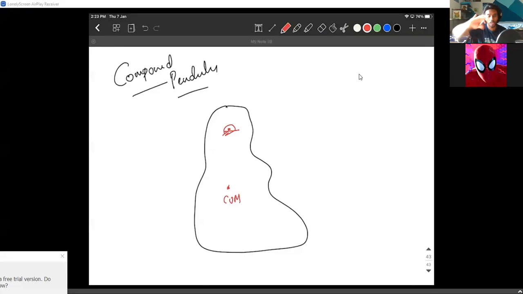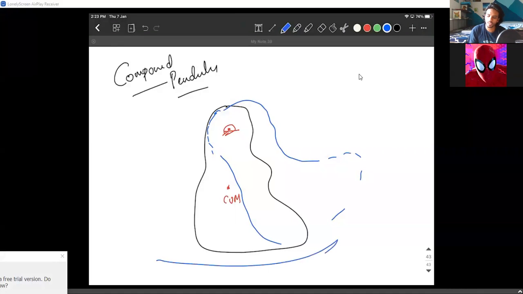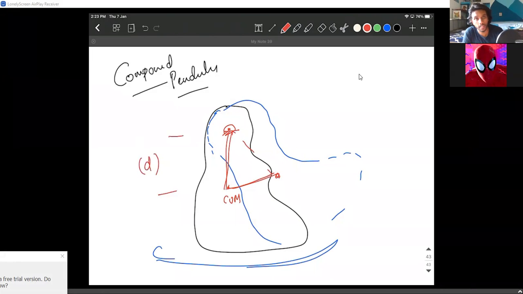Now we made it oscillate, so it's as if the body has to turn, the body is turned like this and oscillating. So the center of mass will move somewhere up here because of this oscillation. Let us take the distance between the center of mass and the point of suspension as d.